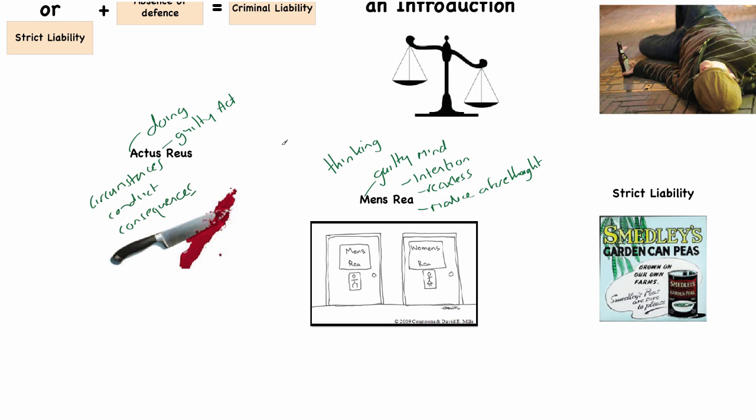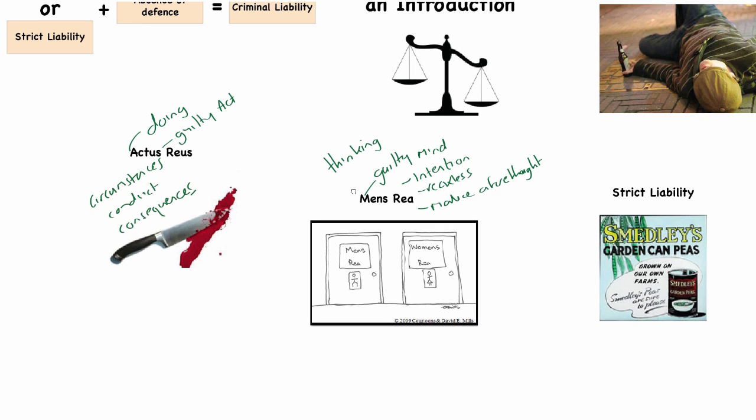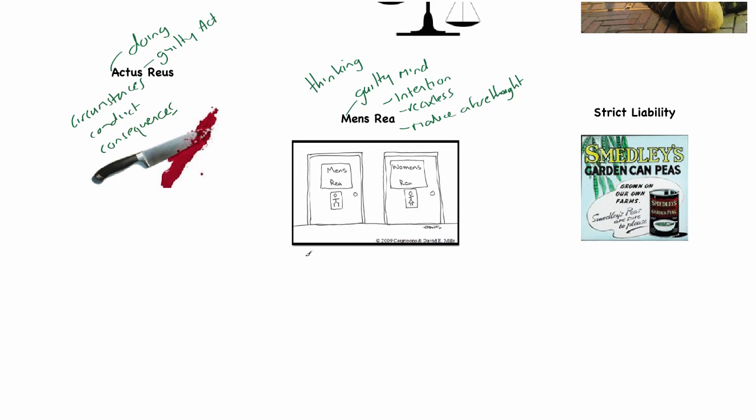And the key presumption in English law is that mens rea will always be required. And there's an exception to that. In a case known as Sweet versus Parsley, 1970, it was decided that there will always be a presumption of mens rea required unless statute says differently.